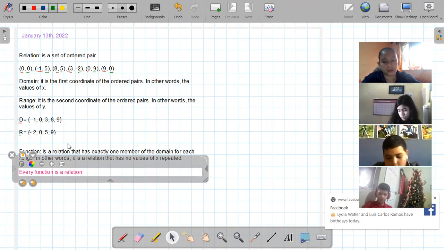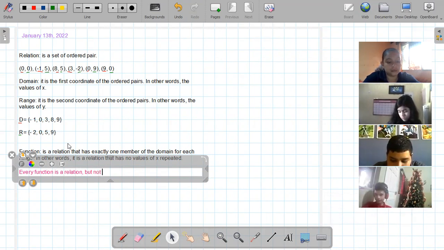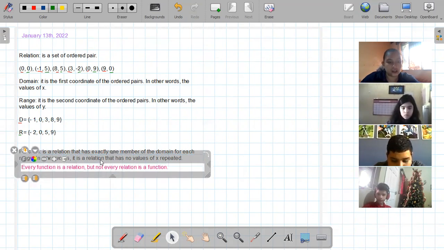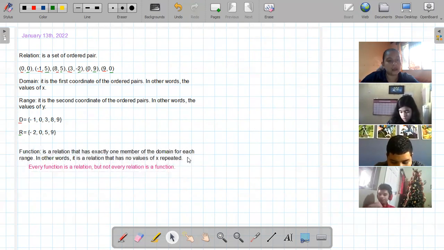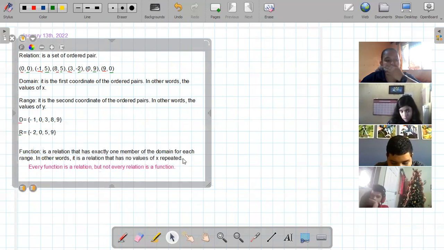Every single function will be a relation, but not every relation is a function. And now we're going to give some examples of functions.